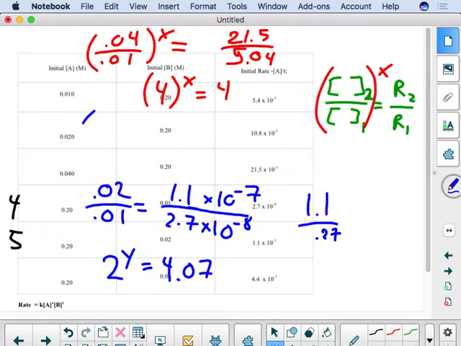What is y? I need some logs for this. y is 2. The effect of doubling this made the reaction 4 times faster.